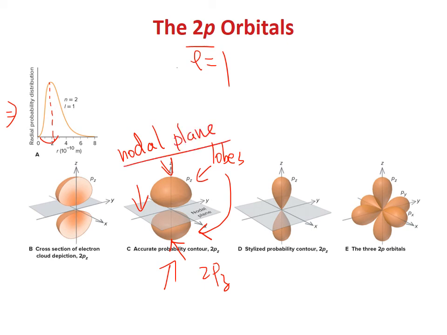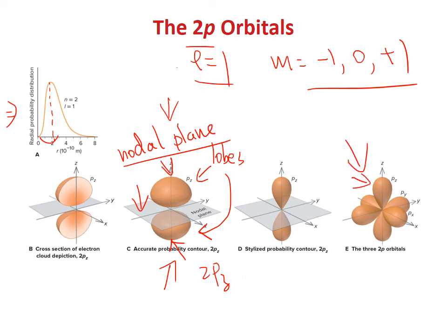When L equals 1, we know that M can be -1, 0, +1. So there are 3 orientations, and z direction is one orientation, this one. There are 2 other orientations. So here shows all the 3 orientations, and this is pz.